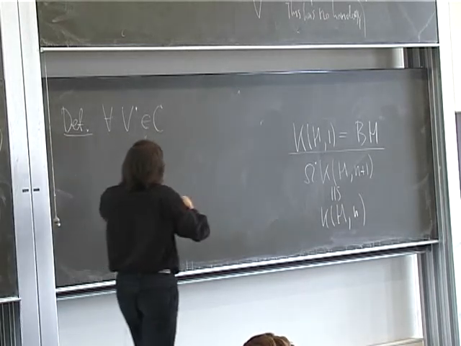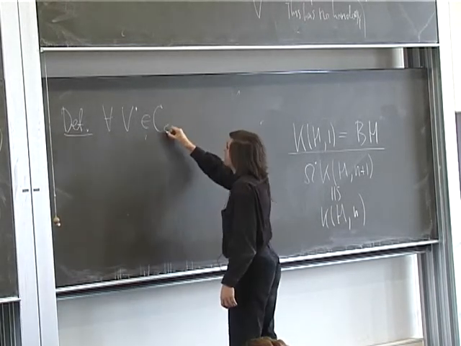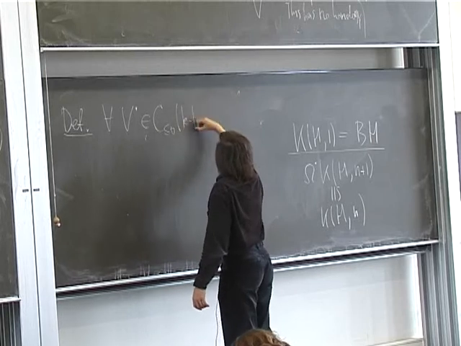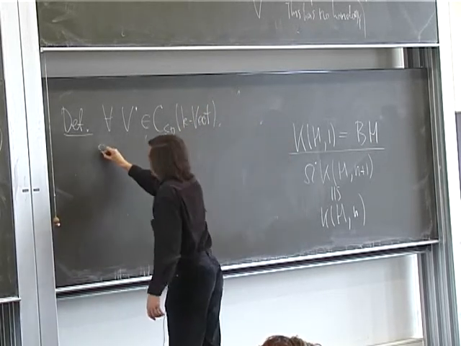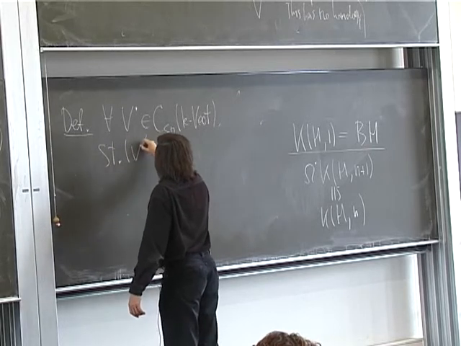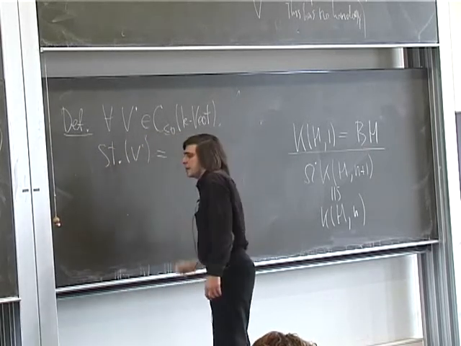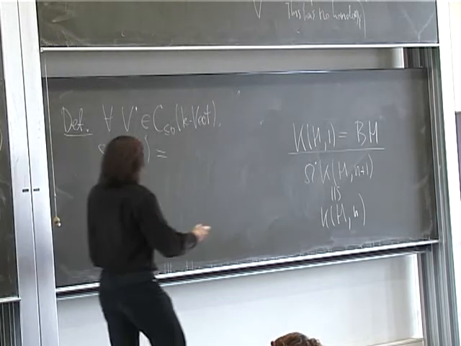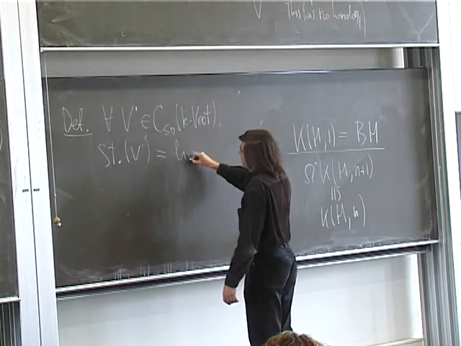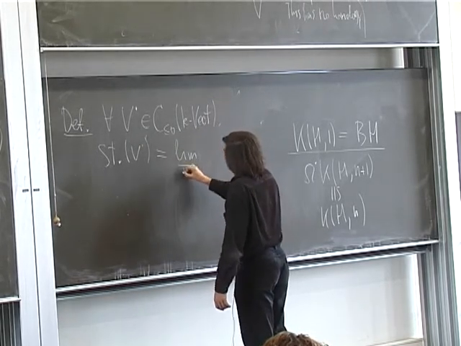Let's say vector spaces. We define ST of V. So this is transgression. Let me denote this by TR. I want to take the direct limit with respect to these transgression maps.